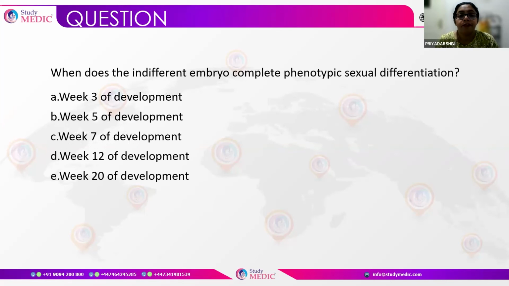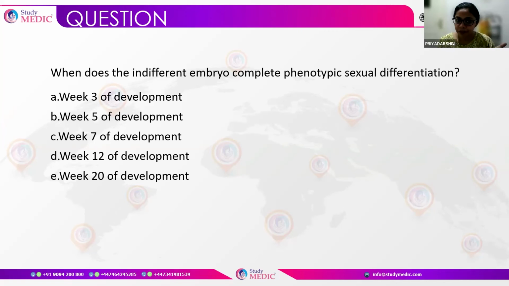When does the indifferent embryo become completely differentiated in phenotypic sexual differentiation? Now, coming to the sexual differentiation, as we just saw, we have week 5, week 7, week 12 and week 20. So these are 4 important weeks to remember about sexual differentiation.